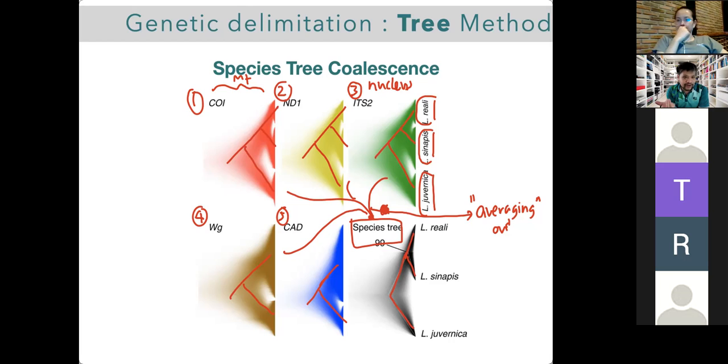It's not democratic. You might feel like, oh, the first 3 genes agreed on this answer, so they win. No, it's not that.